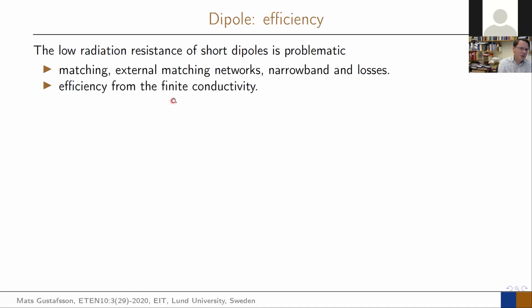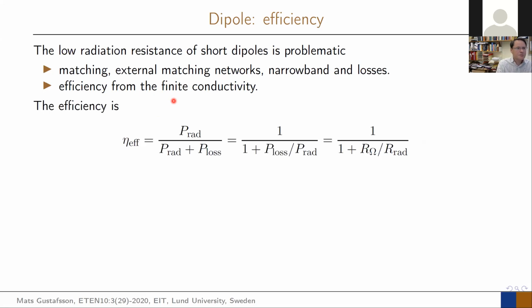And now the efficiency. The antenna you have, for example this dipole antenna, is not made of something that's perfectly conducting. There is a resistivity, or conductivity, to this. So how well it conducts the currents means that there are losses there. And the efficiency of an antenna is defined as the radiated power normalized with the total dissipated power.